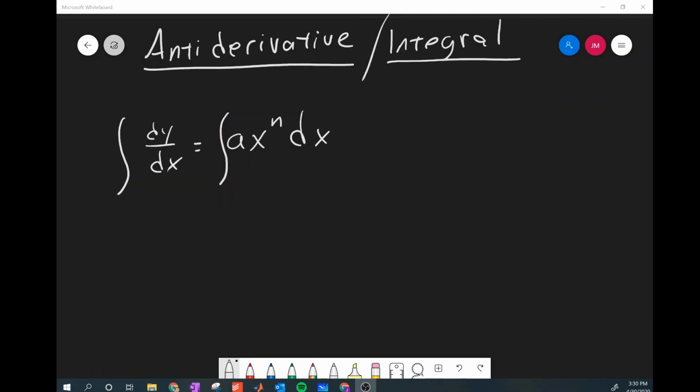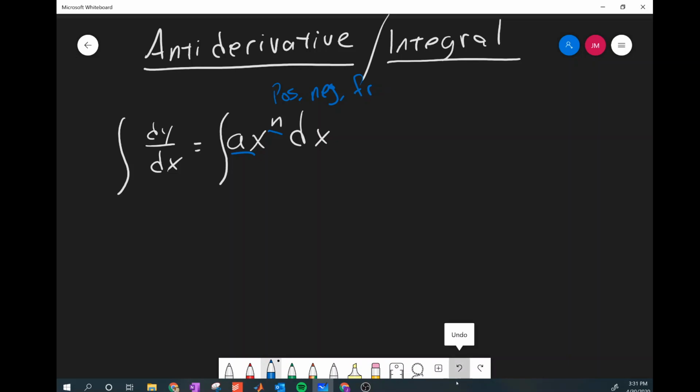So like I said, I want to give you a little formula here for any time you need to find an antiderivative or the integral of some derivative. So if we want the antiderivative or the integral of dy dx, that's going to be the integral of some polynomial function. We have a constant in the front, some constant a, for x to some power n. And remember, n doesn't have to be a whole number. n could be positive, could be negative, or a fraction. Doesn't matter.